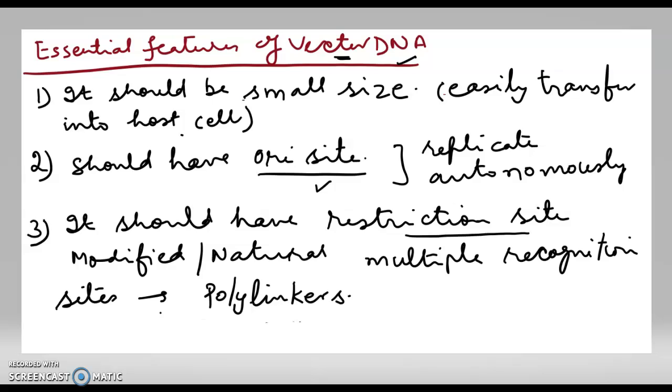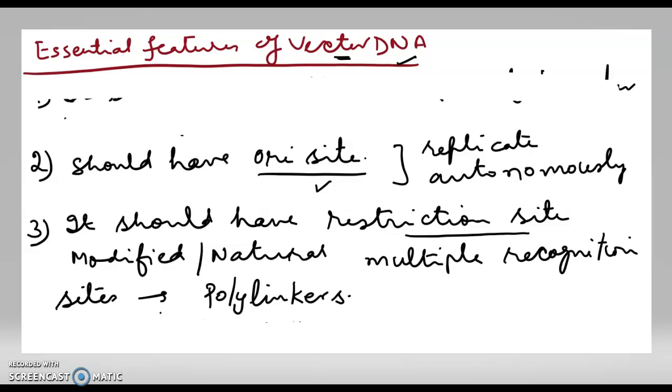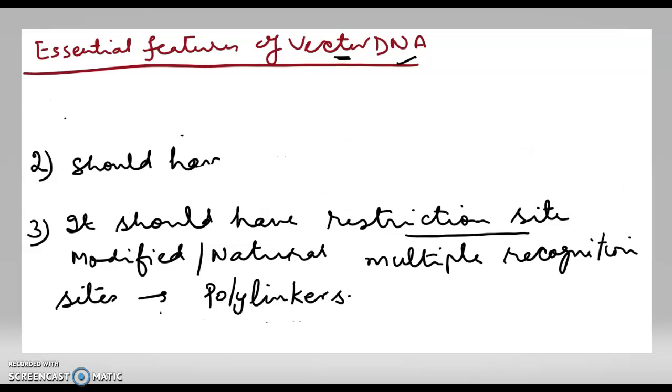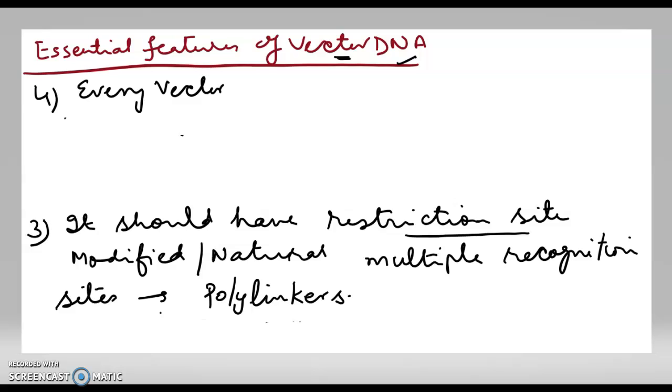The last, fourth feature is regarding the selectable marker. Now, what is the selectable marker? Every vector should have a selectable marker.